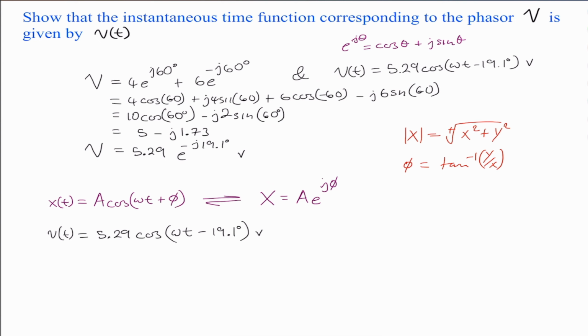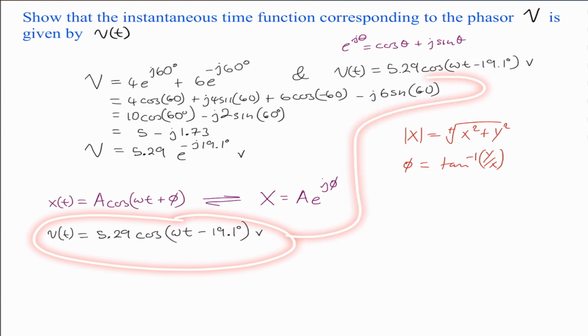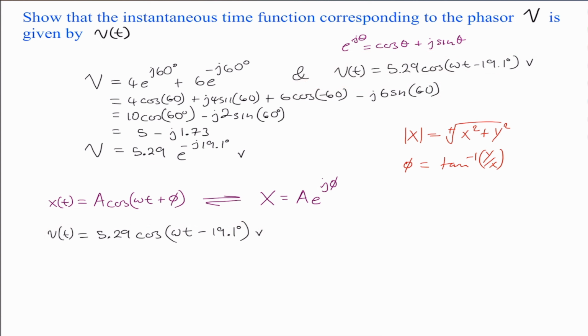So here we have our expression equaling the given expression. That shows us that the instantaneous time function corresponds to the phasor counterpart of that function, so we did derive the time domain function from the phasor domain.